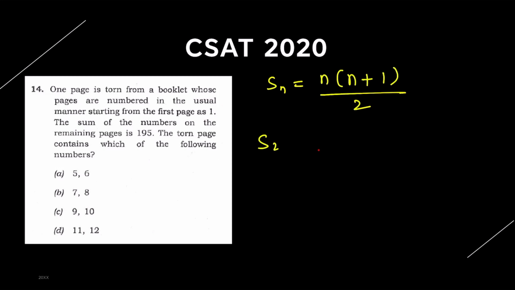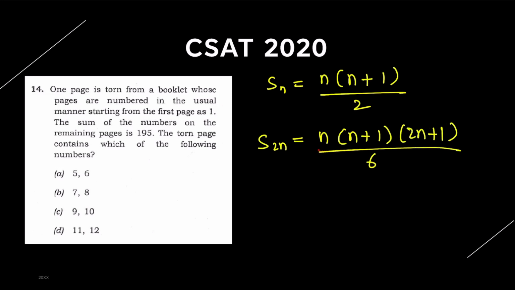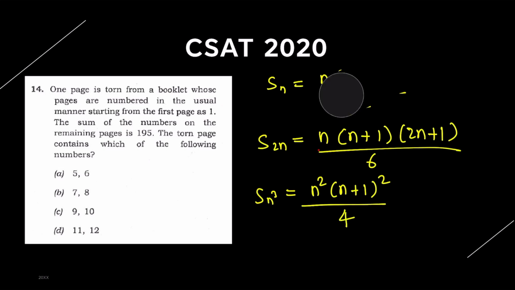The sum of squares of n natural numbers is n, n plus 1, 2n plus 1 by 6. The sum of cubes of the first n natural numbers is n square, n plus 1 whole square by 4. Right? I hope this is clear. These are the three formulas you have to remember for the exam.